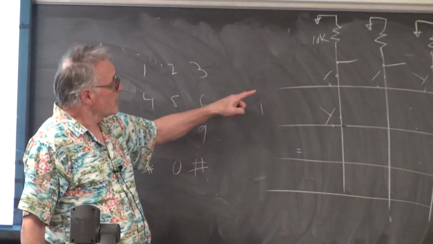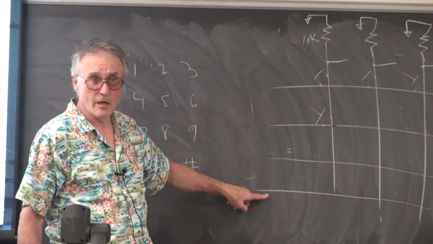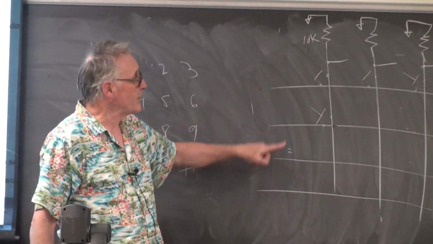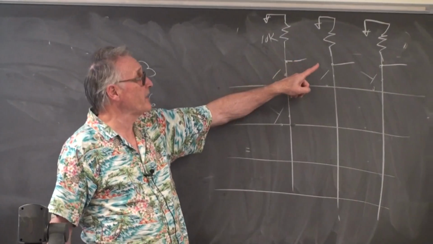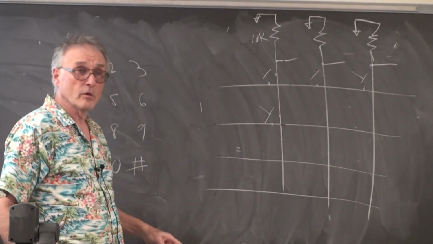Then sequentially drive each of the rows high for 1 clock pulse. Read which of these port pins gets pulled high, and that will give an intersection.